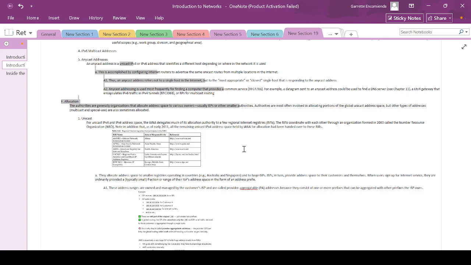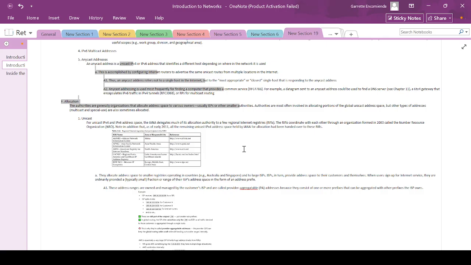For example, you're in Bulacan and the Anycast address responding is host B, and you're in, for example, Pampanga, and the Anycast address responding is host C. It really depends where you're located.